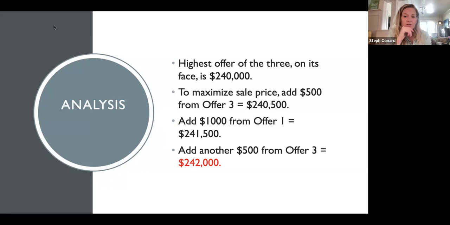Then we're going to take the $1,000 from offer one to get 241,500. And because offer three allowed for adjusting the purchase price more than once, we can use that $500 again, and add another $500 from offer three to get 242 for the highest price.